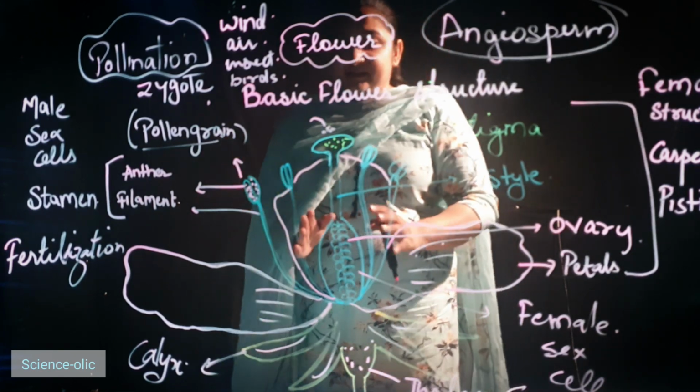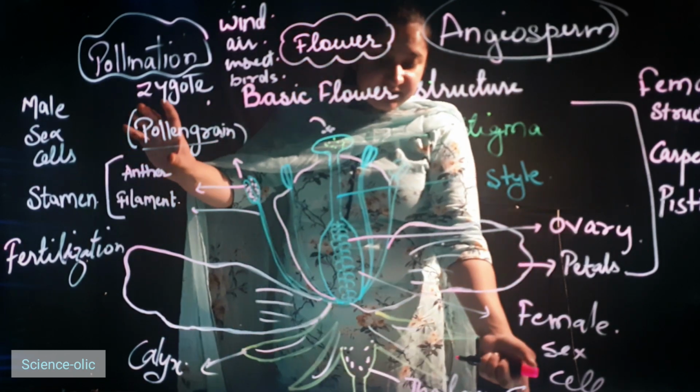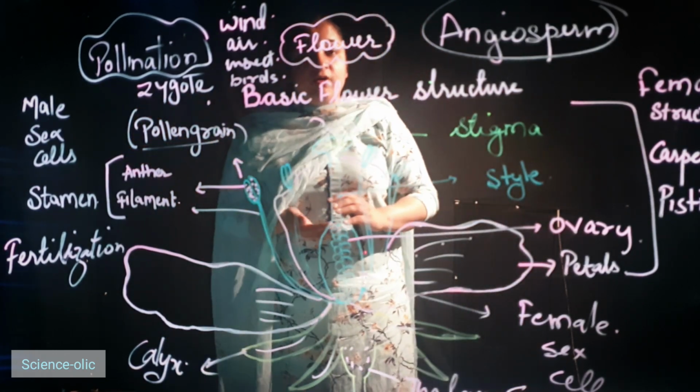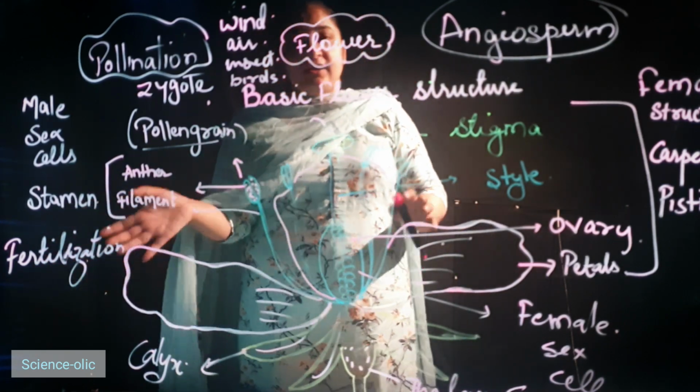Now let's come to pollination. Pollination is where the male pollen comes and attaches to the stigma and then moves to the ovary.